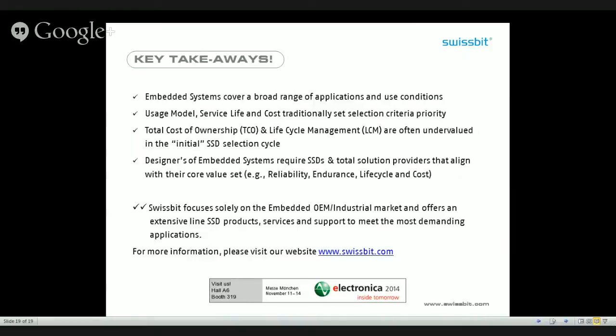Designers of embedded systems require SSDs and total solution providers that align with their core value set: reliability, endurance, lifecycle, and cost. And lastly, Swissbit focuses solely on the embedded OEM industrial market and offers an extensive line of SSDs and services and support for the most demanding applications.